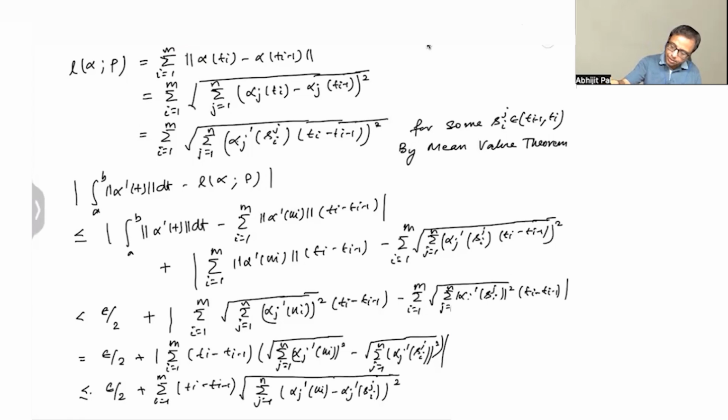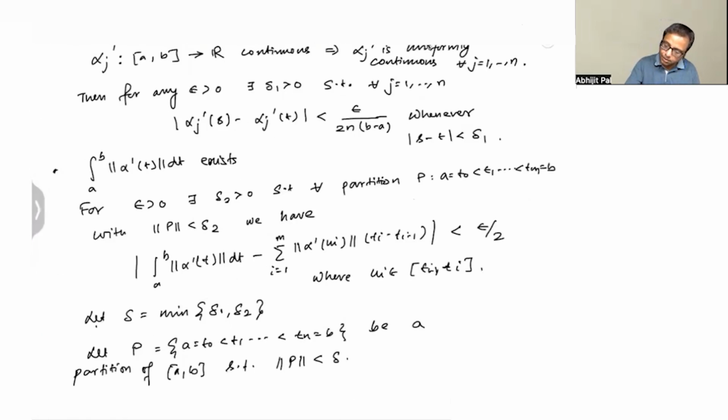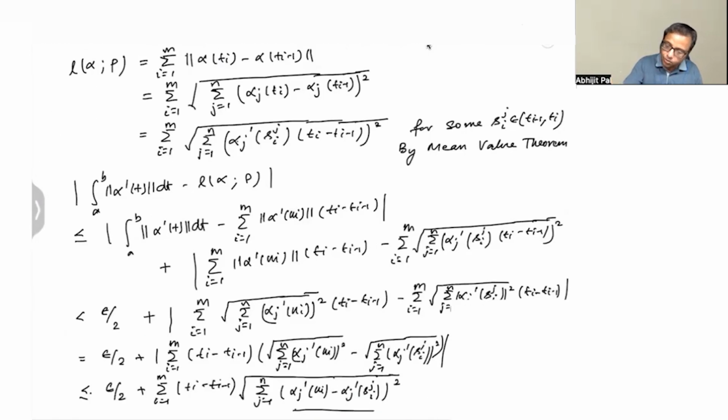So we have this thing here, and we know that this term is small, meaning it is less than epsilon by 2n times b minus a. We have taken the norm of this partition to be less than delta.